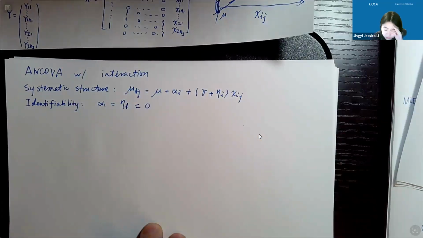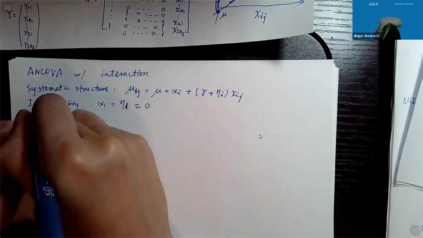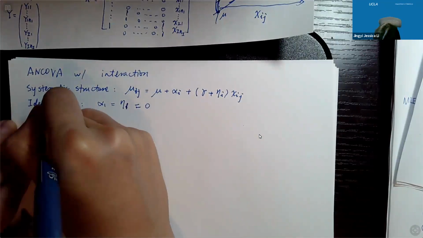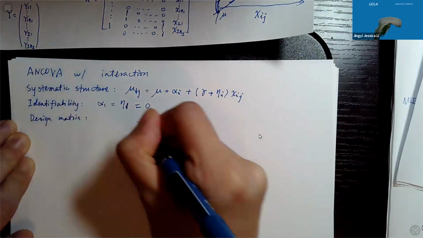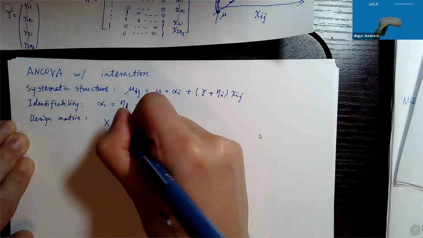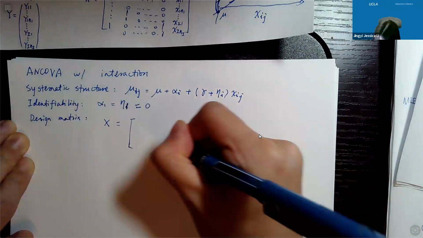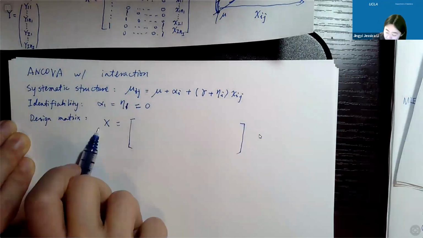Okay, so then you can ask the question, what is the design matrix in this case? So clearly the columns of a design matrix will correspond to the parameters.